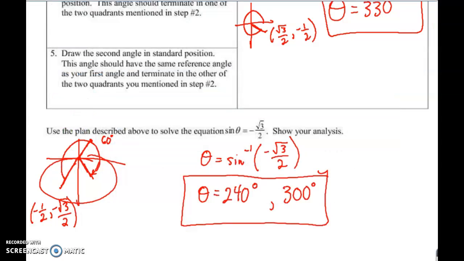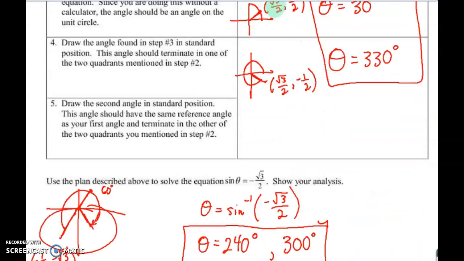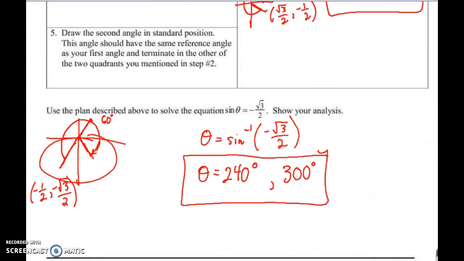Well, that's an issue, because that's not even bigger than 0. Remember, the direction said bigger than 0, smaller than 360. So what you have to think about, let me just change colors, because the calculator gave me this answer going clockwise, negative 60 degrees. Well, another coterminal angle to that would be if you add 360 to that.